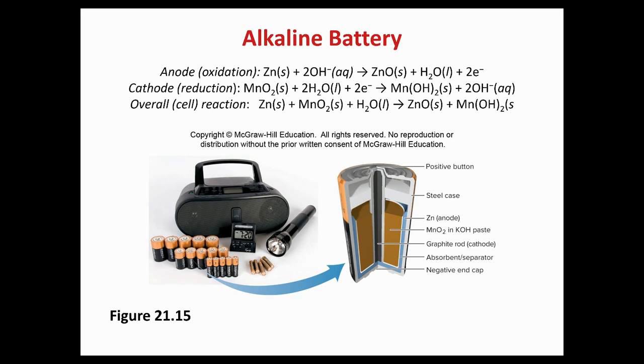So bear with me. Alkaline batteries are zinc, manganese dioxide. Obviously, we don't run around with beakers and salt bridges, but all of that is included in here. It's just that they tend to be solids and pastes that they put in there. And the oxidation here is zinc, the anode. The reduction is the manganese dioxide.